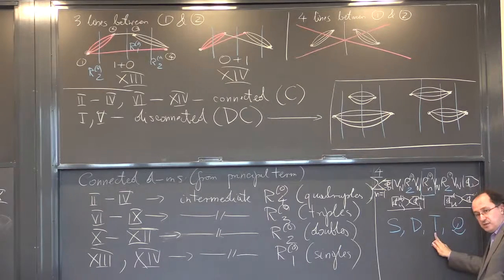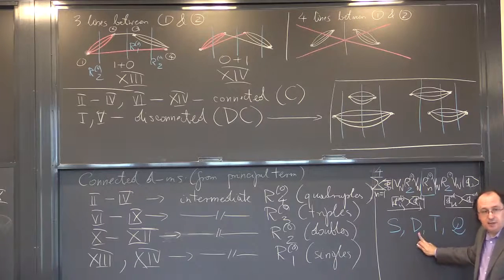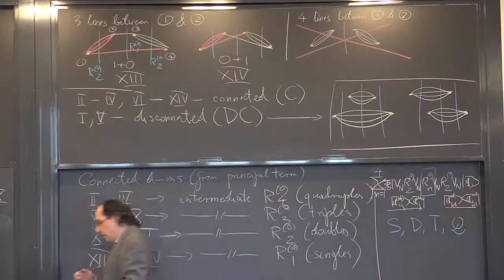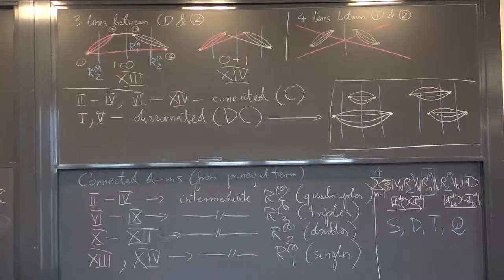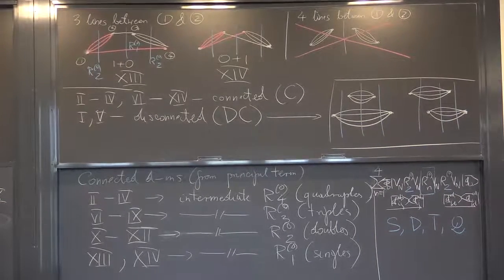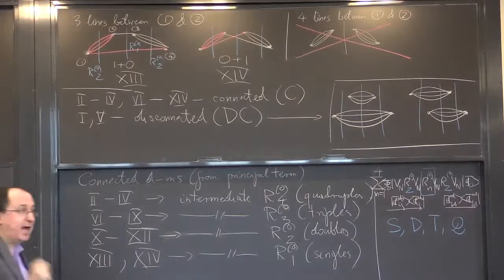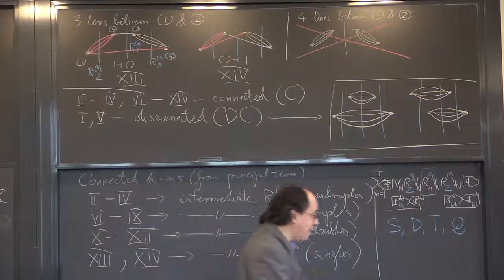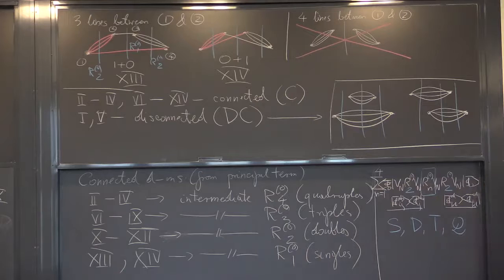We have triples, and then we have some update on the doubles, and we have singles, which are either the update, if Q is not 0, or which are appearing for the first time, if Q is 0. So if you use Hartree-Fock theory, in other words, we can say this.